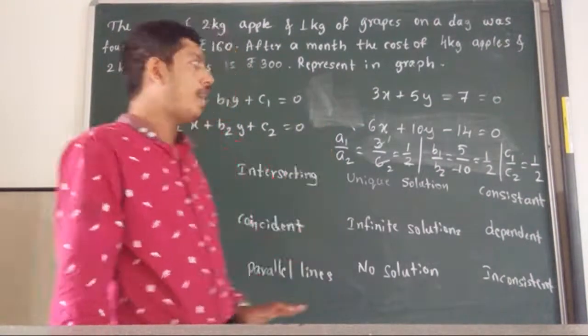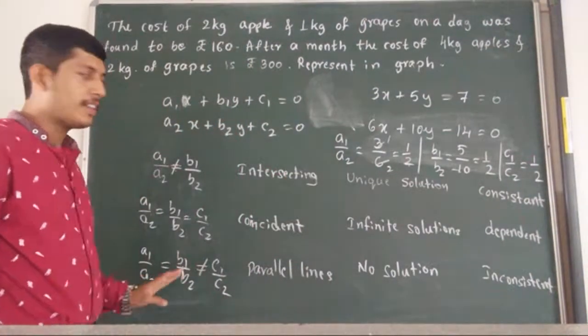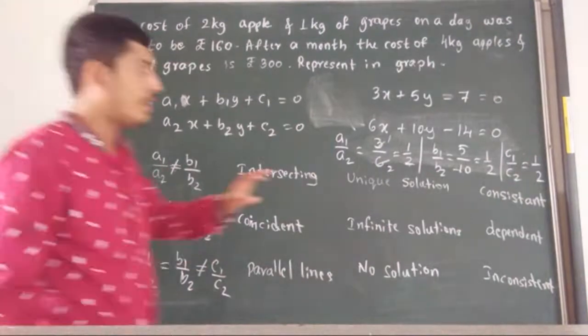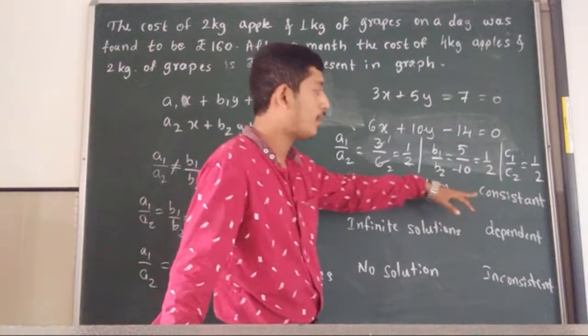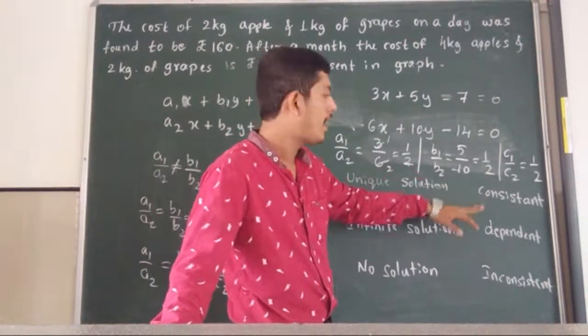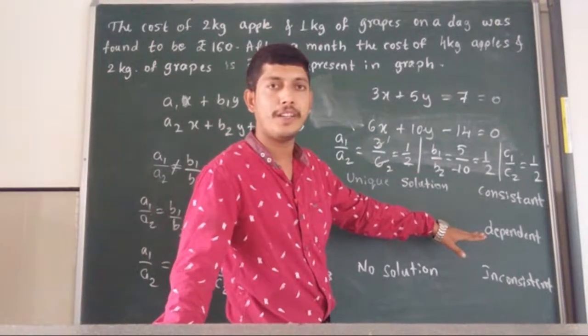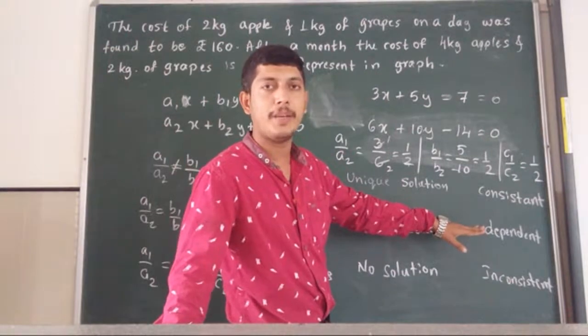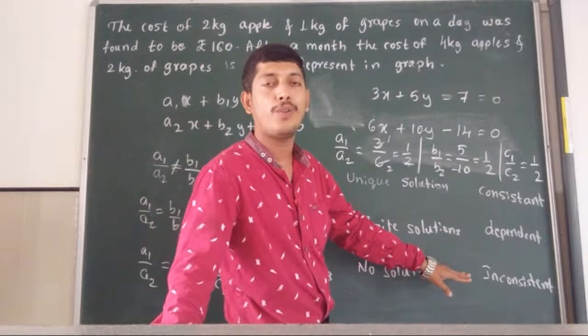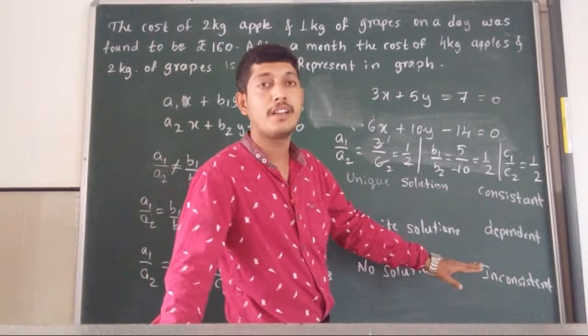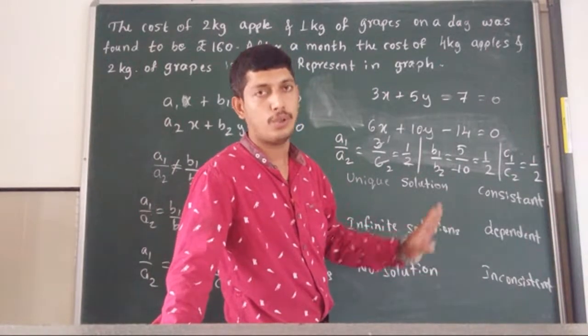Now I will consider the third case, that is inconsistent. Consistent means the equations have a unique solution, dependent means the pair of linear equations have infinitely many solutions, and inconsistent means the pair of linear equations does not have any solution.